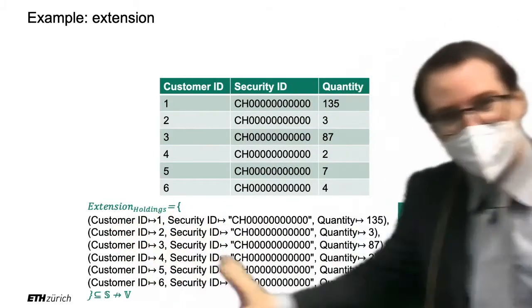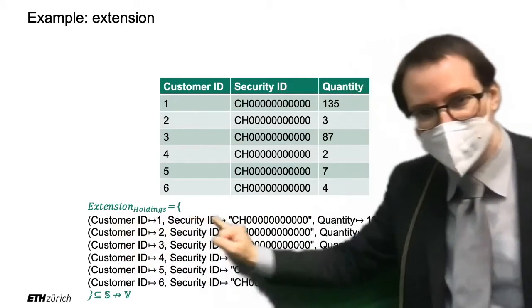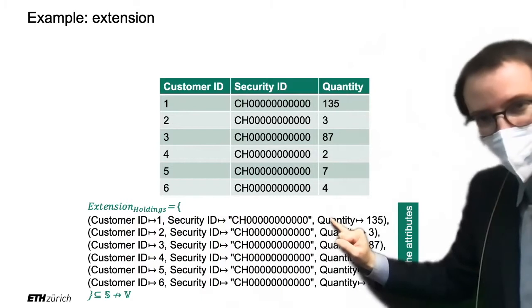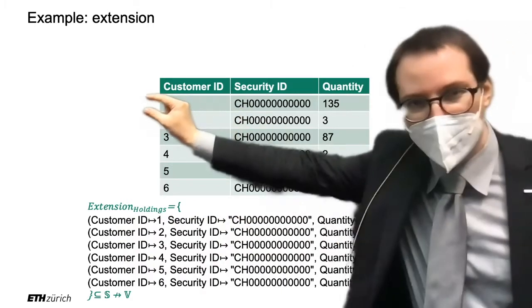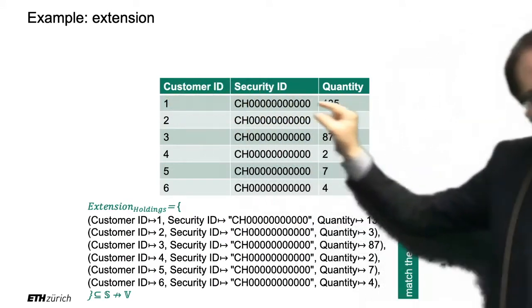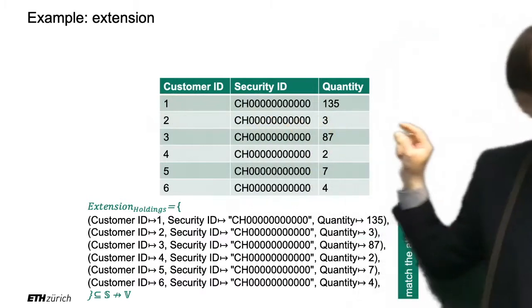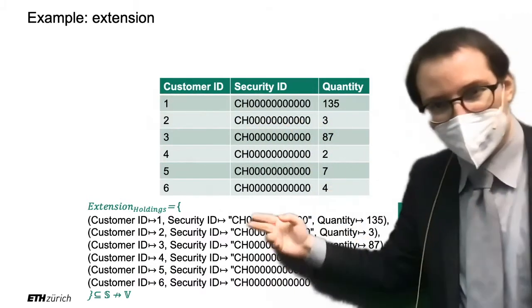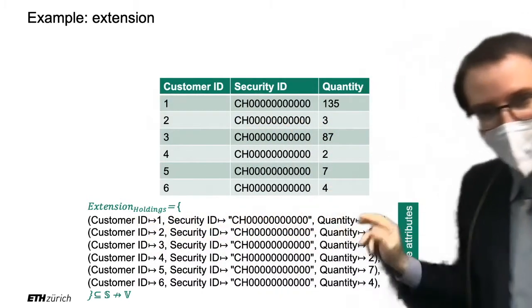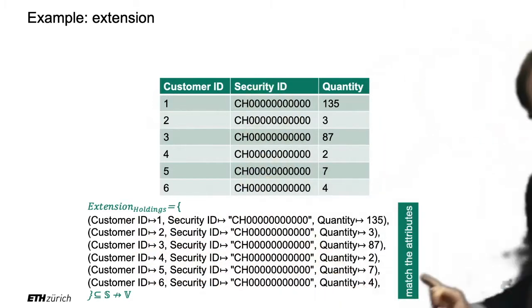Now, if I draw it mathematically, this is how a mathematician would say it, right? Customer ID is 1, security ID is CH, plenty of zeros, quantity 135. That gives you your first record, or your first map, or your first row, or your first tuple, no matter what you call it, right? Okay, and so here, this is a map. This is another map. This is another map. This is another map. 1 map for every record, right?